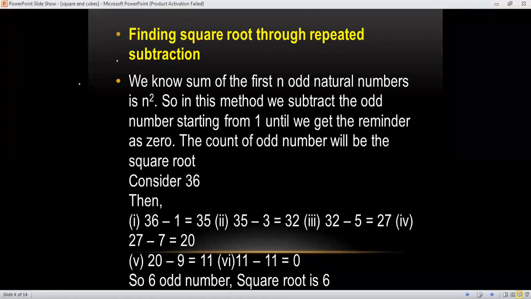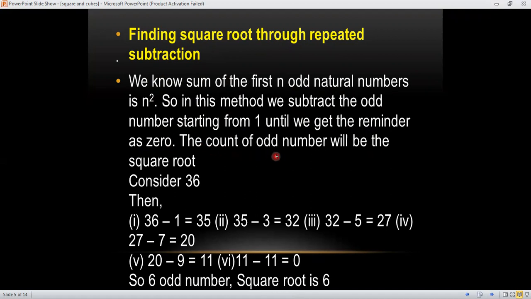Let's move to the next topic. There is another method for finding the square root of a small number: finding square root through repeated subtraction. We know the sum of the first n odd natural numbers is n square. So in this method, we subtract the odd numbers starting from 1 until we get the remainder as 0.